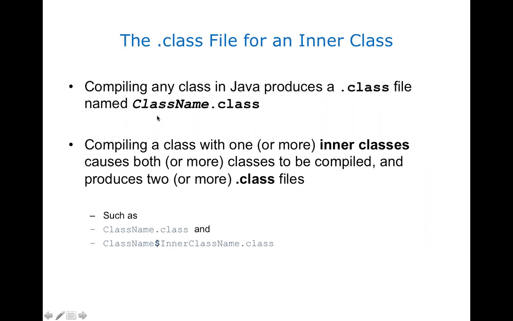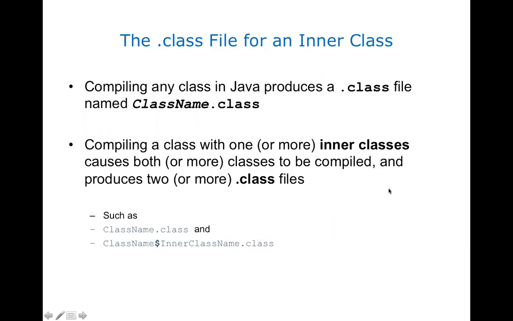Let's understand that. Compiling any class in Java produces a dot class file, that we know. For example, I have a class A, and after compilation I will get A dot class. Compiling a class with one or more inner classes causes all the classes to be compiled and produces two or more dot class files, depending on how many nested classes you are writing.